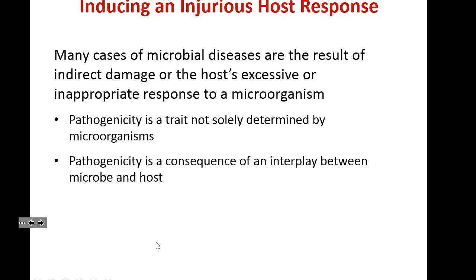If you have ever encountered this microbe before, what might your immune system do the next time it sees that same pathogen? Okay, our immune systems, what kind of cells have memory? B cells, T cells? T cells, B cells. Which one?